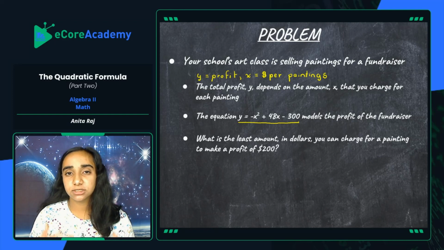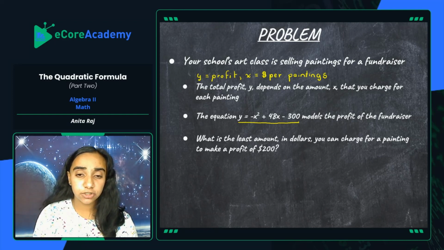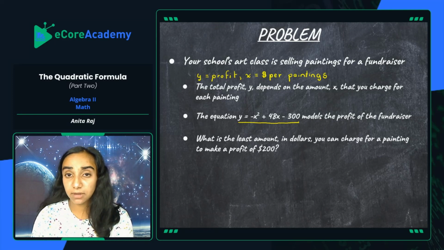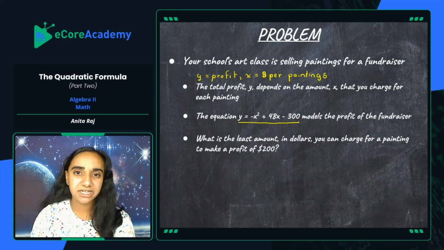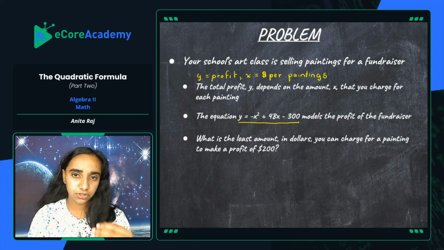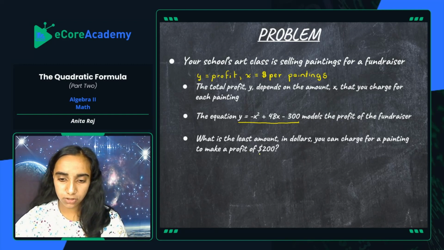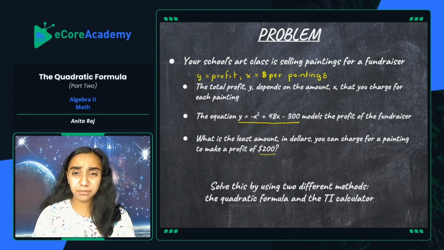So you want to charge the least amount of money that is required, but you're keeping in mind that your goal is $200. So you want to charge not dirt cheap, but as little as possible, but you still want to hit that threshold of $200. So keep that in mind. You want to make a profit of $200. This is your goal.